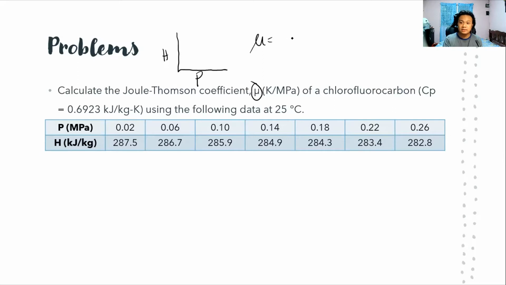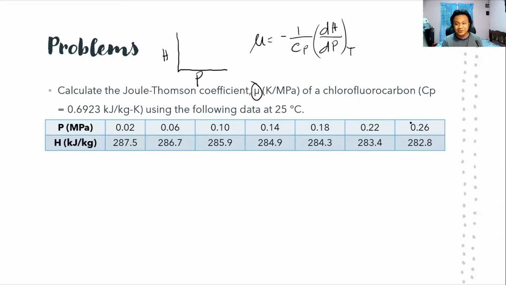The mu is actually 1 over Cp, and then the slope dH over dP at constant temperature. Okay, so that's actually the formula for your mu.